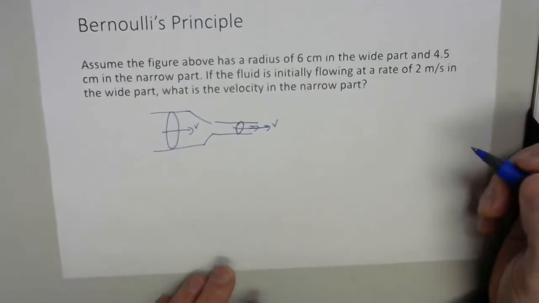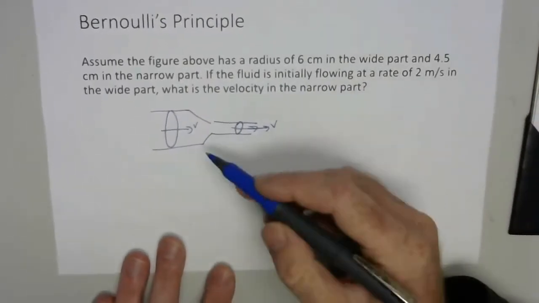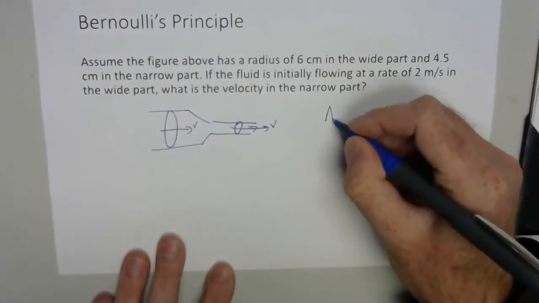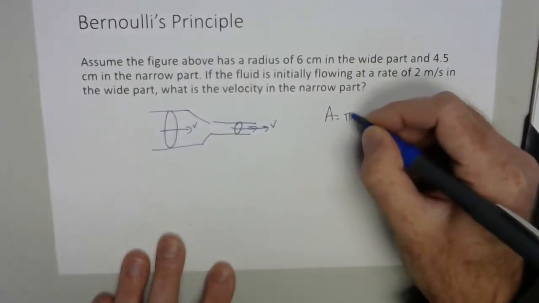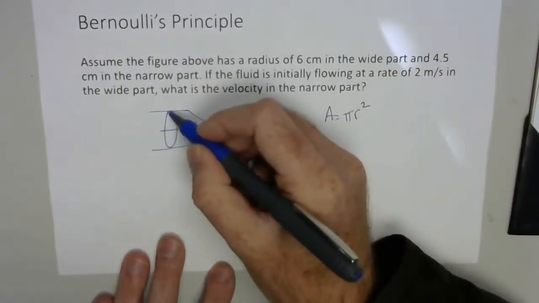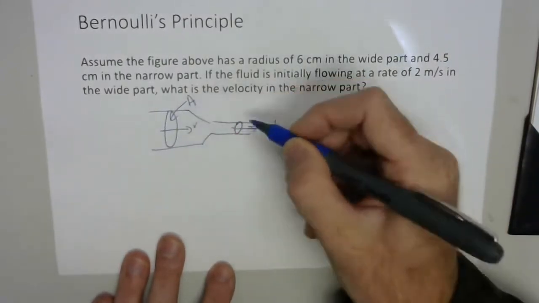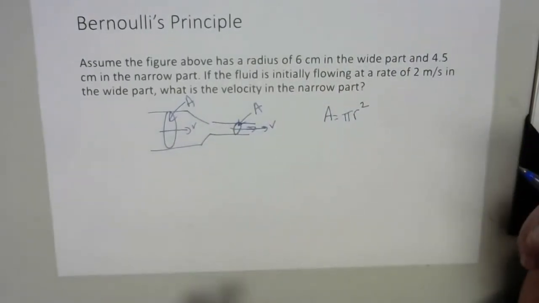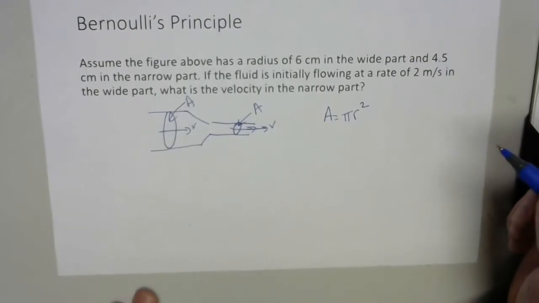So really the flow rate's related to the area, but for a circle, that area is pi r squared. That is the cross-sectional area of the pipe here and here would be given by the area of a circle. And so really we can interrelate.